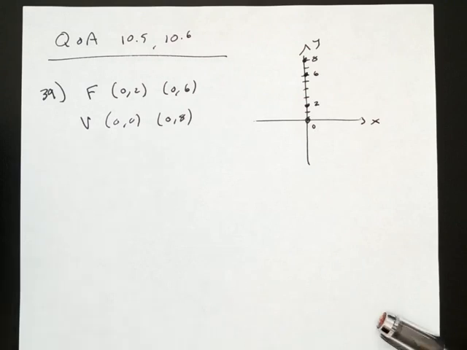So I have these 4 points given to me: (0,2) and (0,6) for the foci, and then (0,0) and (0,8) for the vertices.